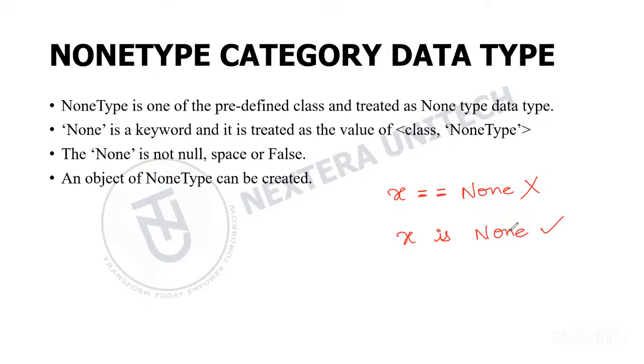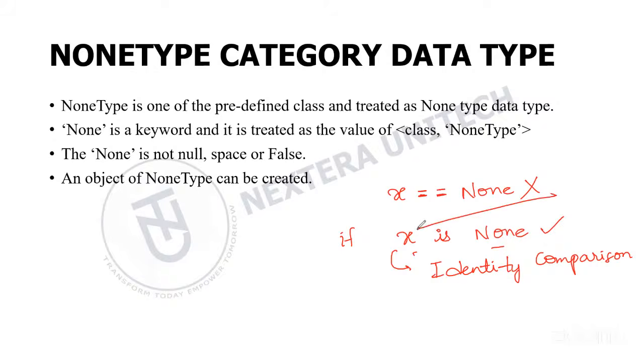So x is None is an identity comparison. When you do if x is None, that's an identity comparison. That means it will check whether both are pointing to the same object in memory.